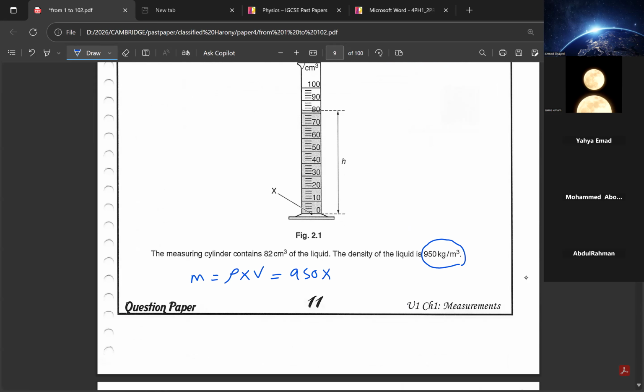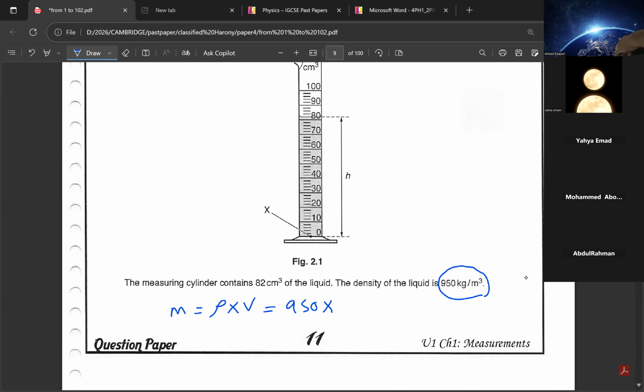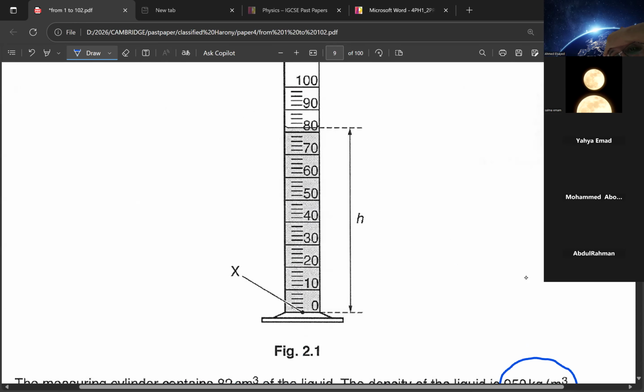What is the volume? 80 or 81 or 82 or 83. Okay, 0, 1, 2, 4, 6. This is 10, this is 20, this is 30, 40, like this. So this is 80. 82. So this is 82.